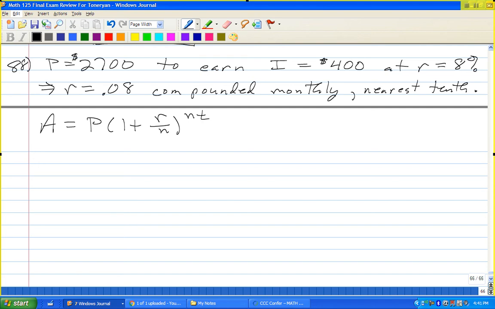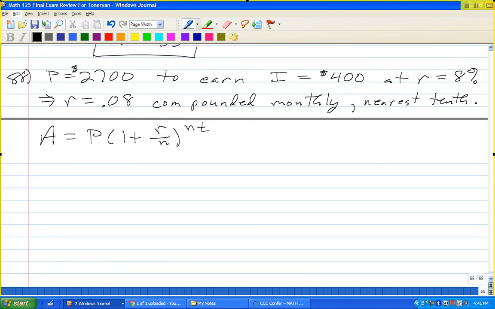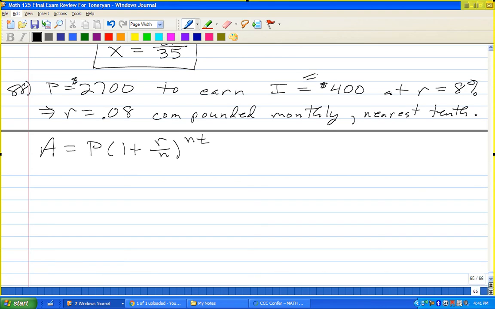Note that if the interest is $400 and you started with $2,700, then the amount of money you have is what you start out with plus the interest, and so $3,100.